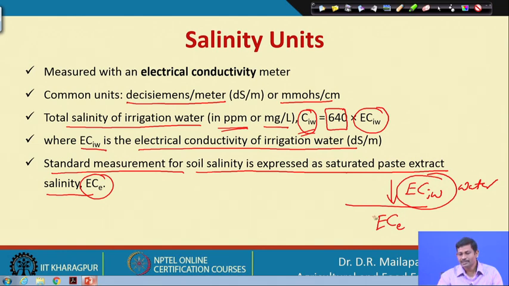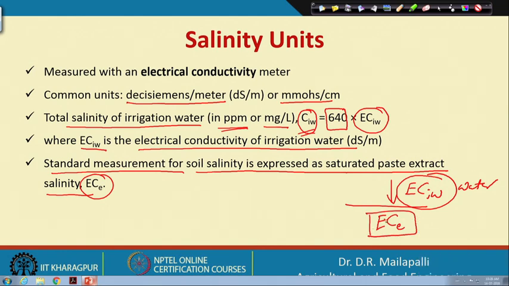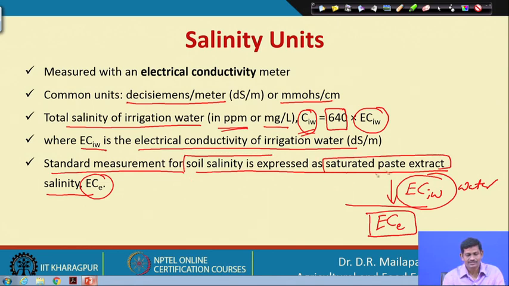Whereas for soil, because it is a solid material, you have to extract the solutes from the soil by adding water, saturating it completely and making it a slurry. Then you extract water out of that paste, and that water is used to measure the soil salinity. That is why it is expressed as saturated paste extract salinity.